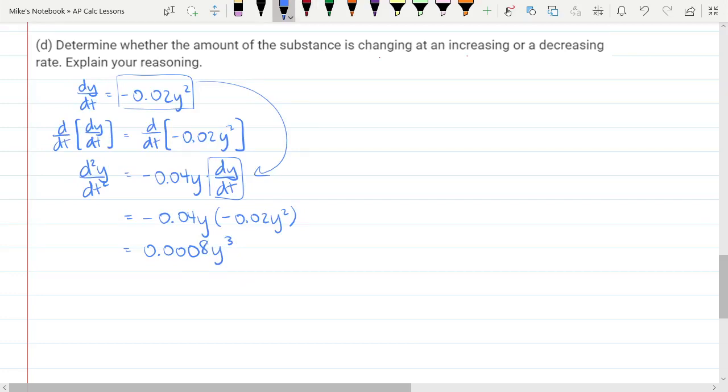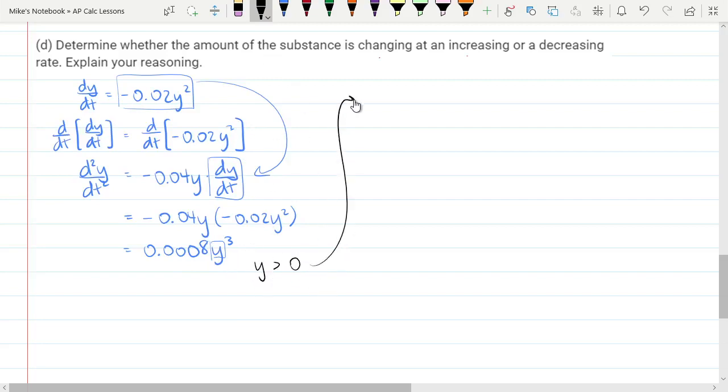Okay, now again, remember what y represents here. Y represents the amount of the substance. And so we know that that substance amount is never going to be negative, and because we're talking about having an amount of the substance, they didn't really talk about whether it could ever equal 0, but let's go ahead and talk about when y is greater than 0.